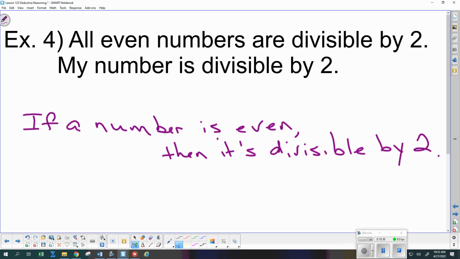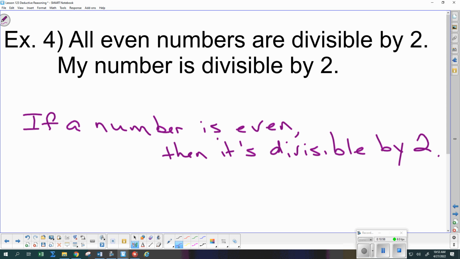My number is divisible by 2. Give me a thumbs up if that matches the if part, and a thumbs down if it doesn't. Does my number is divisible by 2, does divisible by 2 match the if part of that sentence? Not what do our brains think is the same. Okay, most thumbs are correctly down.